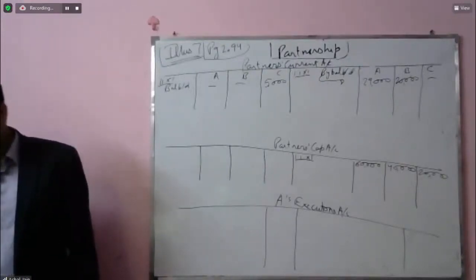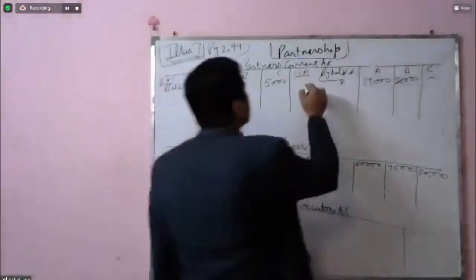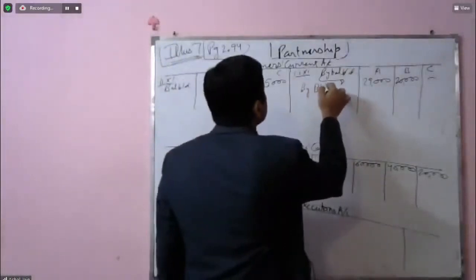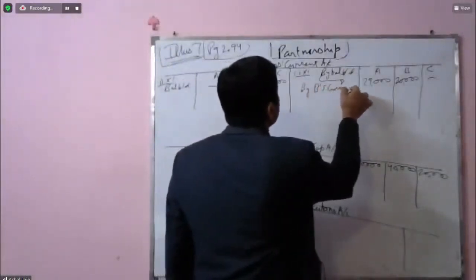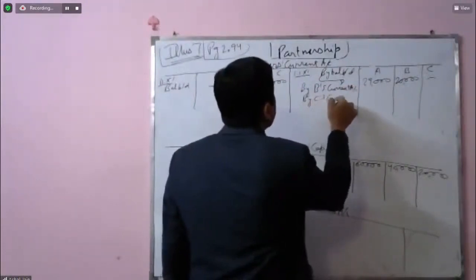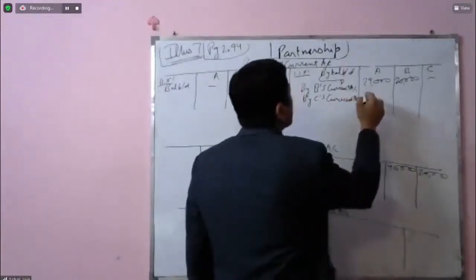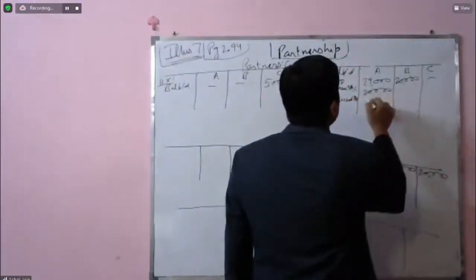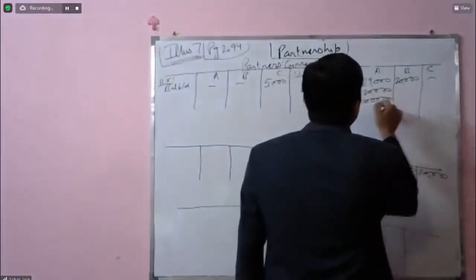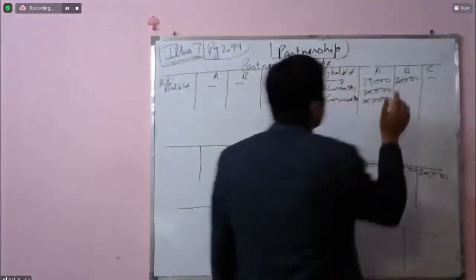So if you look at A's current account, what will happen? It will get added. So by B's current account, by C's current account. So 20,000 and 10,000. Okay.